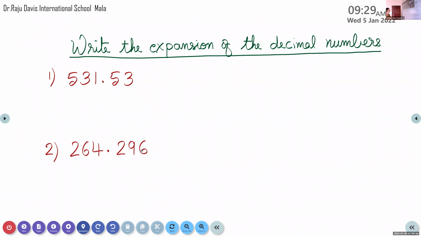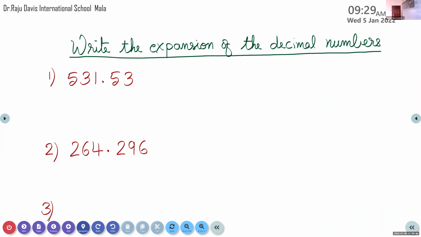The second one is 264.296. Don't worry, I will send the notes. You cannot see the board? Shall I say the question?